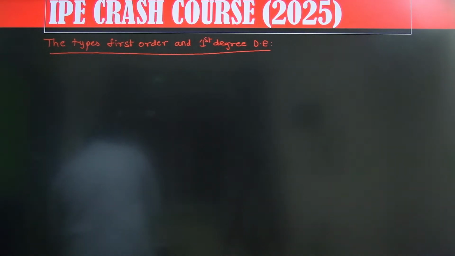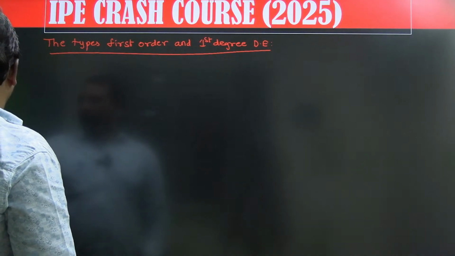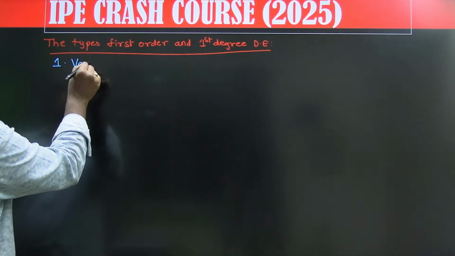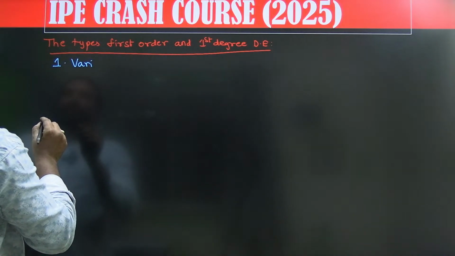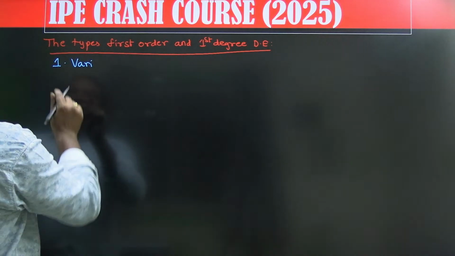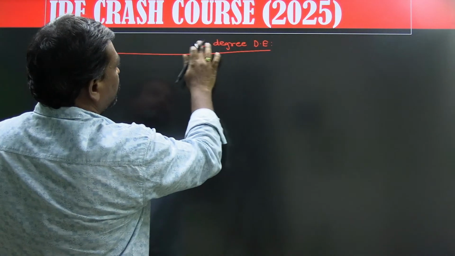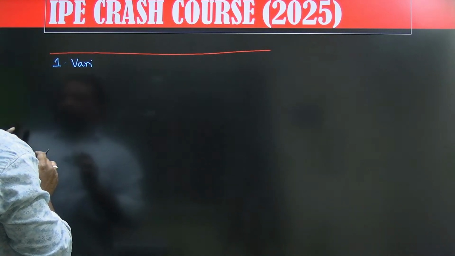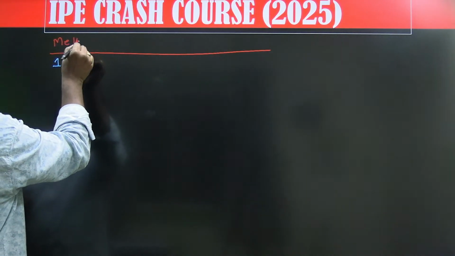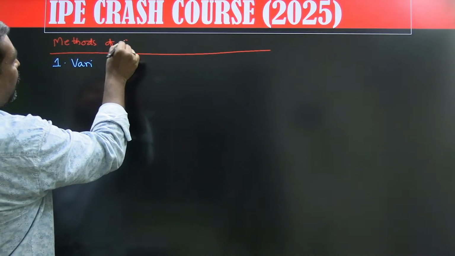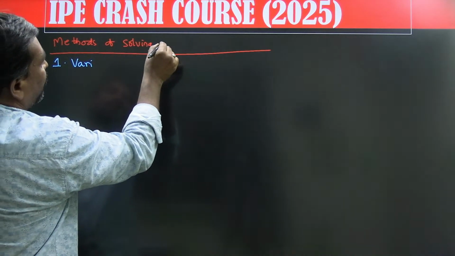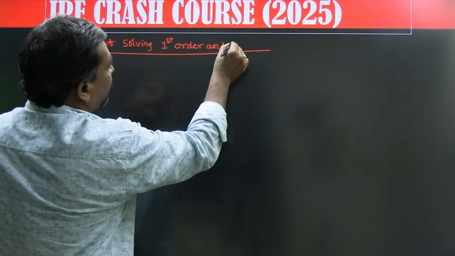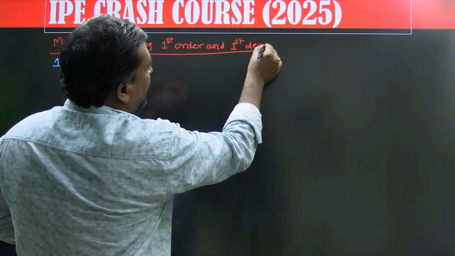So we have 4 types of methods of solving first order and first degree differential equations. First one is variable separable method.